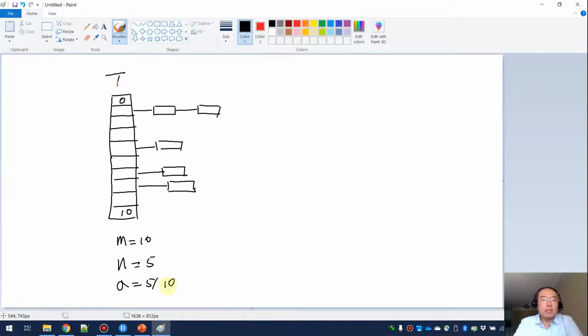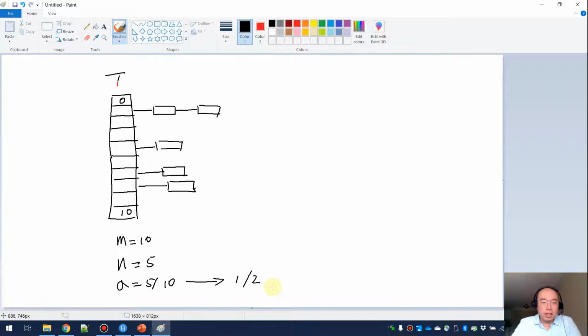So this means on average, the average length of the linked list will be 1 divided by 2. And this alpha can be considered as the average length of the linked list possible on this hash table.